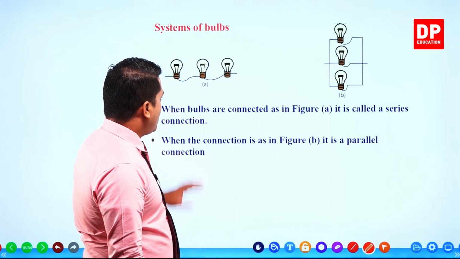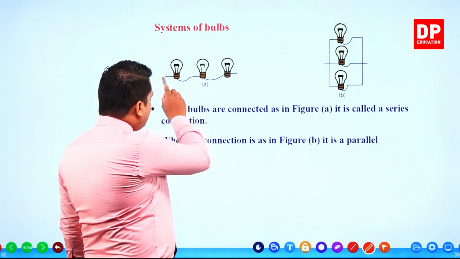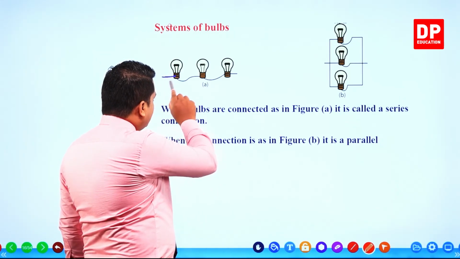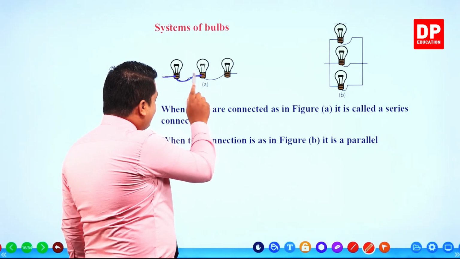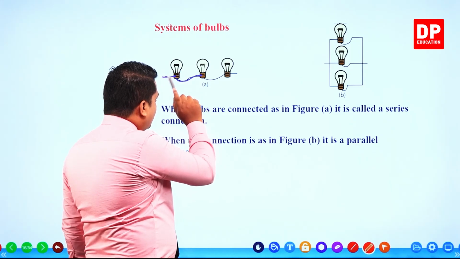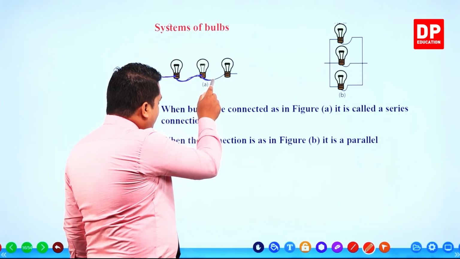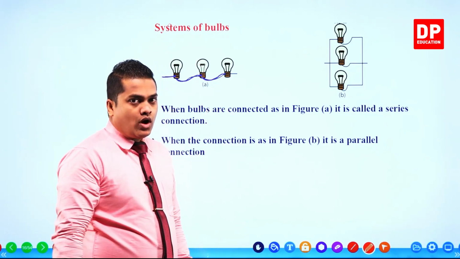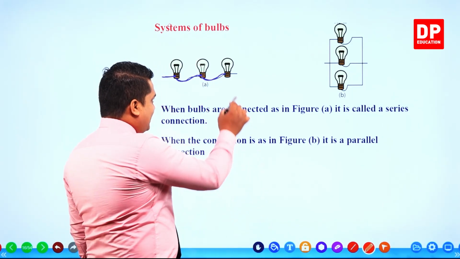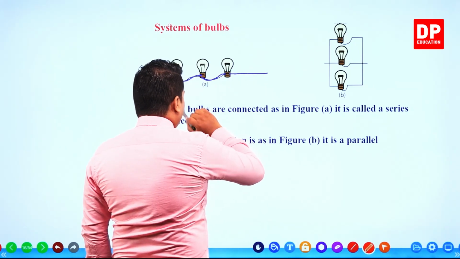In system 1, see, the metallic plate is here. The top point is connected with the metallic plate of the second one. Once again, the top base is connected with the metallic plate of the third one. Then finally, the metallic plate comes out from the third one.